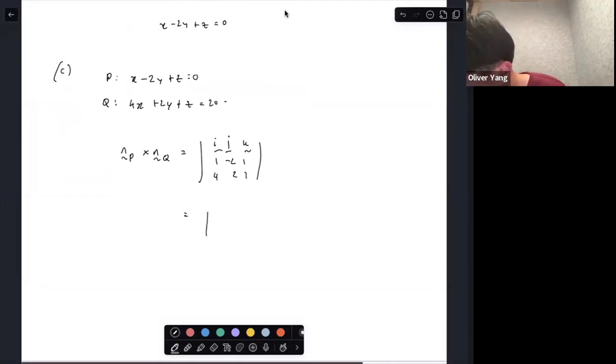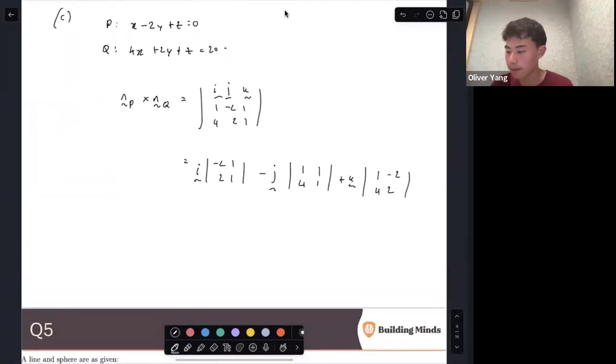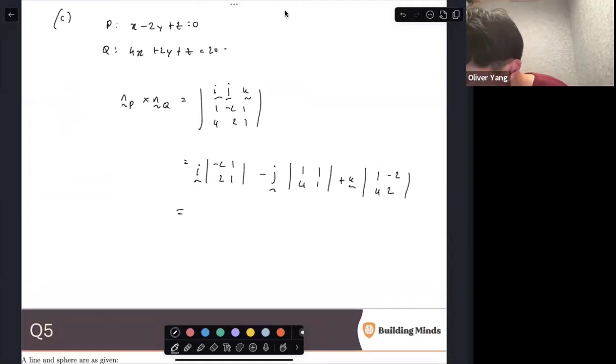So we get the i in front: -2, 1, 2, 1, minus j, 1, 1, 4, 1, and then plus k, 1, -2, 4, 2. Okay, and then if we do the terms of these, -2 minus 2 would be -4i, and then plus 1 minus 4 is -3, but it's going to be plus 3j.